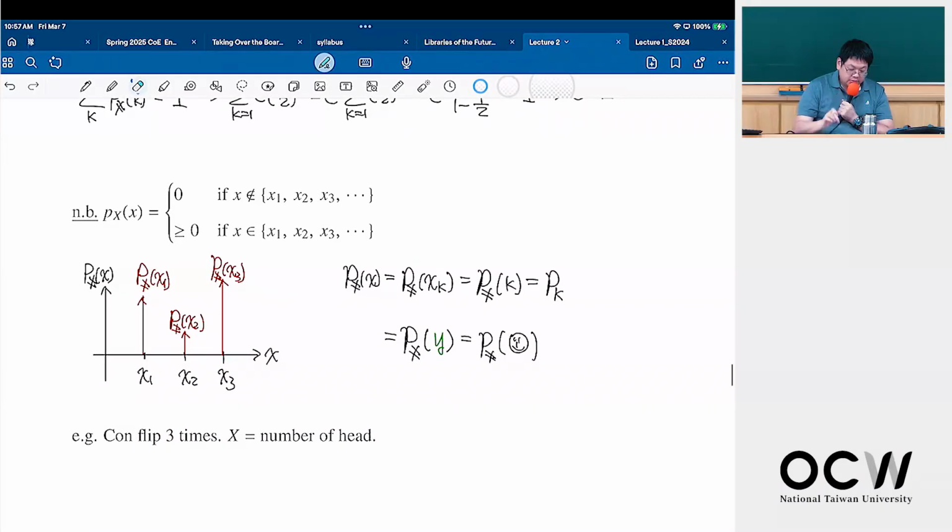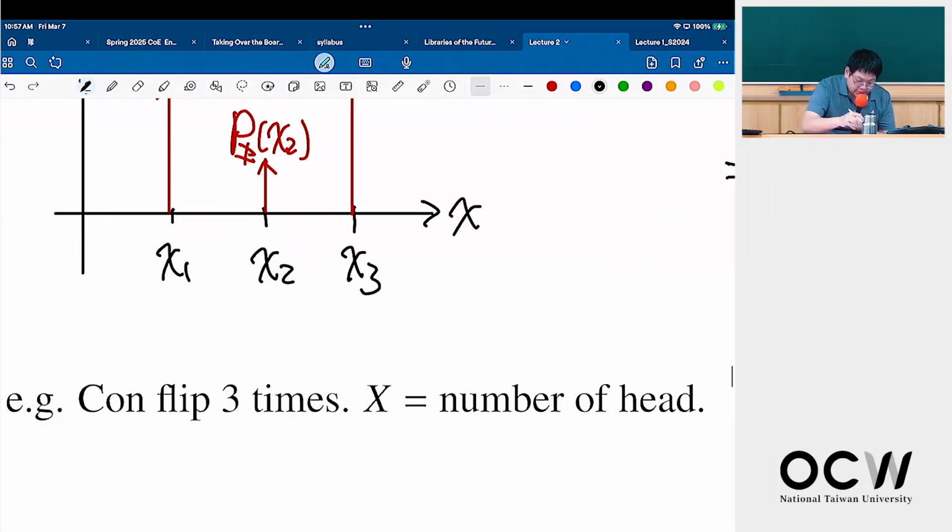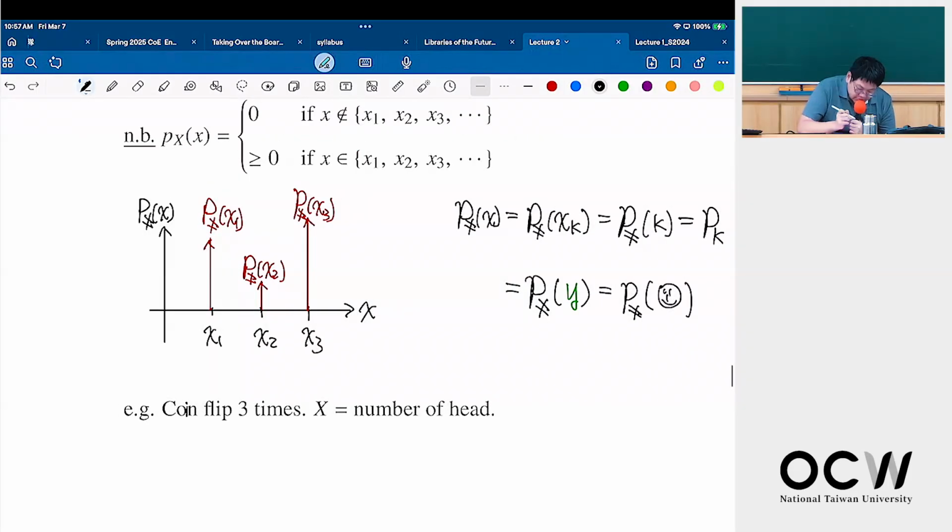So now let's see an example. I flip the coin 3 times. So coin flip 3 times, and X is the number of heads.